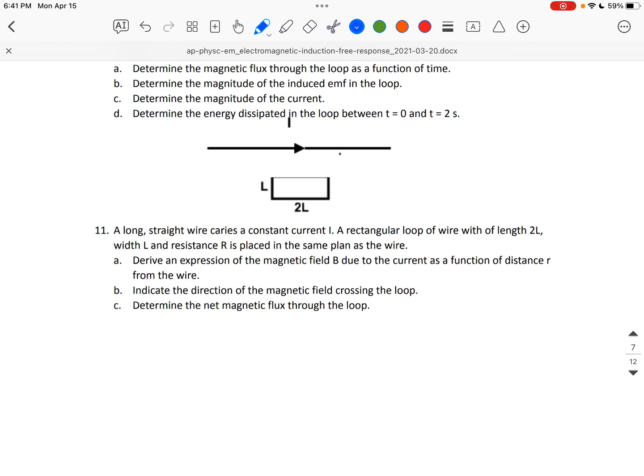Even though that's an equation that you probably have saved in your calculator or have memorized, it's important to know where it's derived. So we're going to start this part A by using Ampere's law, which is the enclosed integral of B ds is equal to mu naught I enclosed. And when we are identifying ds, after we create an Amperian loop, it'll be at some distance r.